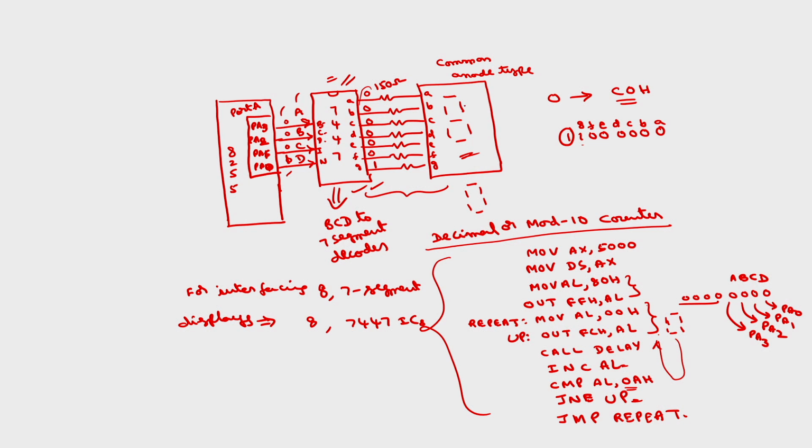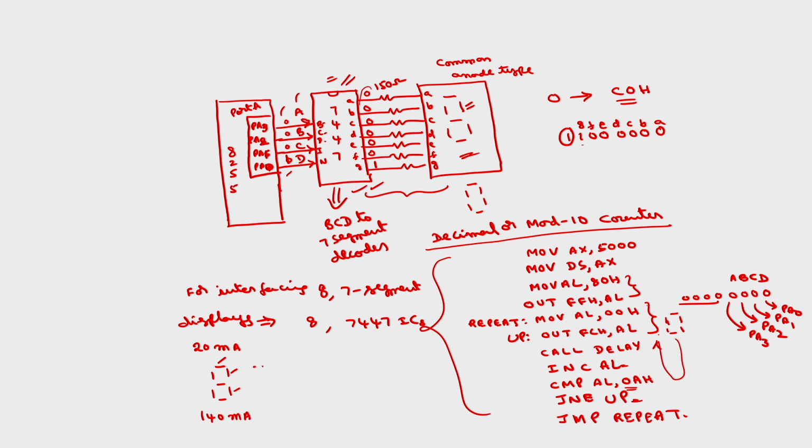When a particular segment is on, it draws a current of 20 milliamps. If I want to display 8 on a display, every segment is on, so for a single display this will draw 20 milliamps per segment, for a total of 140 milliamps.